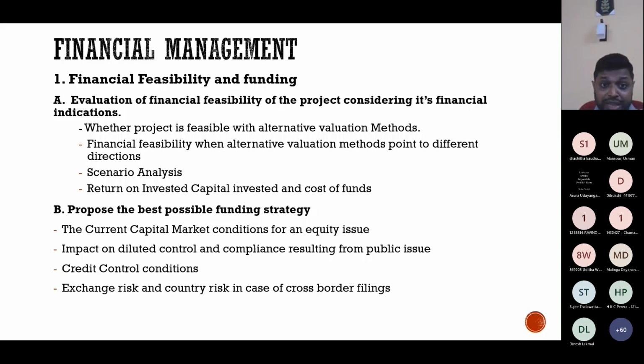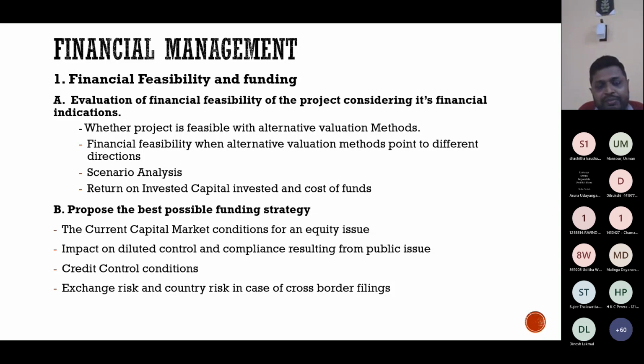I think you are already aware of it. Then you have to recommend a suitable financing strategy based on the current status of the market, the company's operations, the company's gearing situation, prospective borrowing rates and the market conditions prevailing at the time. Those are the considerations when you recommend a suitable financing strategy.